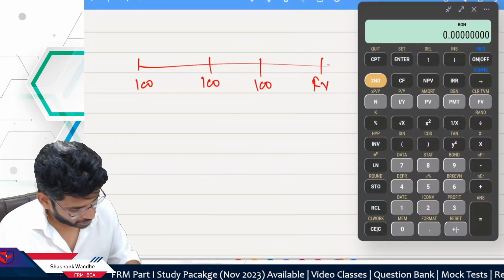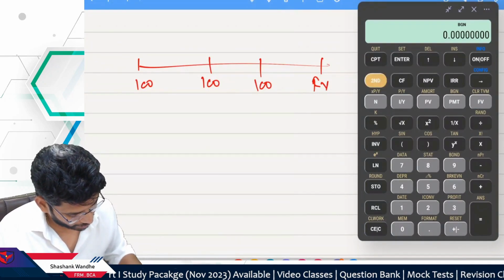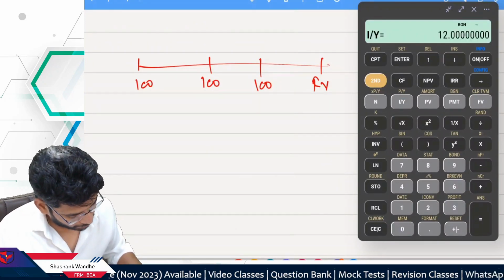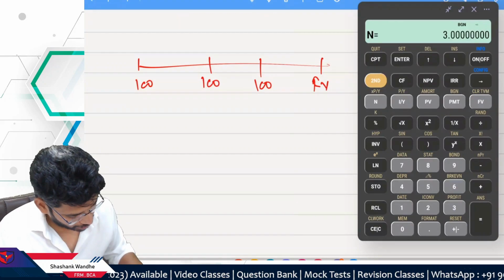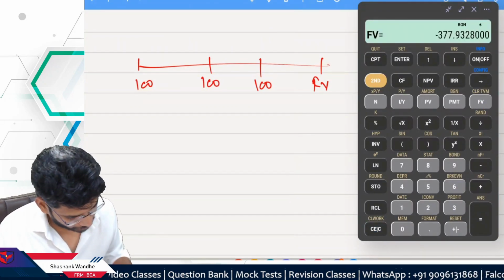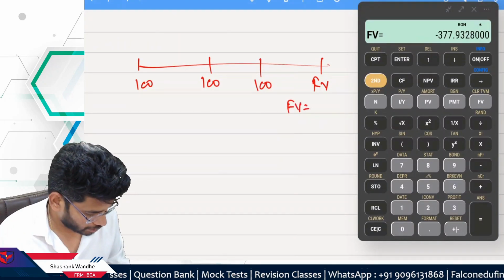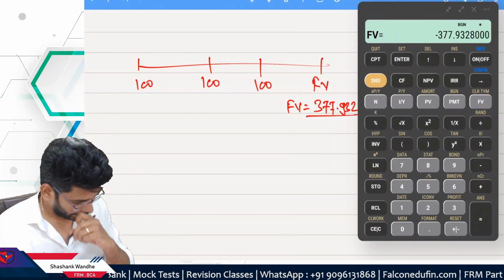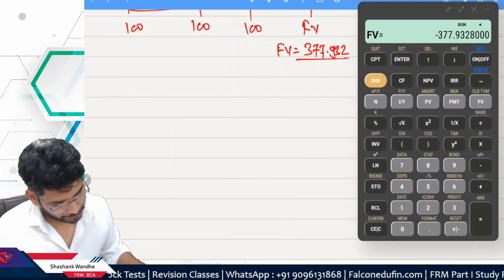Something is wrong here. Okay, so second, clear TVM first. So 100 PMT, 12 I by Y, 3N, CPT, FV. And the answer is 377.932, like this.